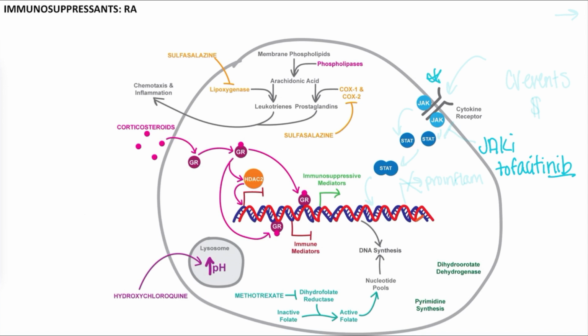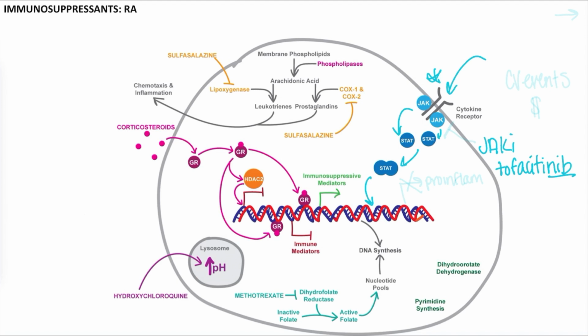So when these small molecules aren't around, the cytokine will bind, and this will lead to the phosphorylation of STAT, or signal transducers and activators of transcription, and this phosphorylation is carried out by JAK to trigger their dimerization and the nuclear translocation.